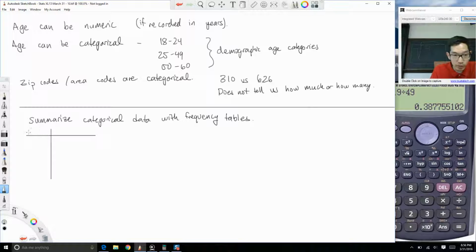We're looking at poinsettias, and we've got the color of the flower, and it can either be red, pink, or white. And we look at the frequency or the count: 108 versus 34 and 40.